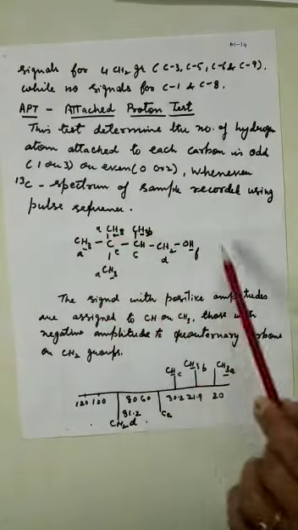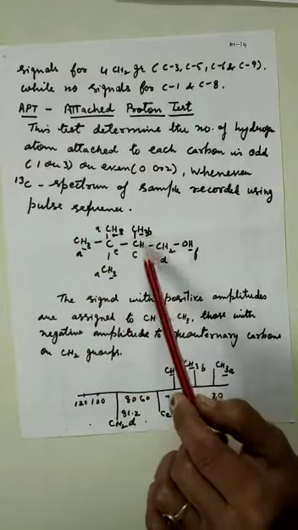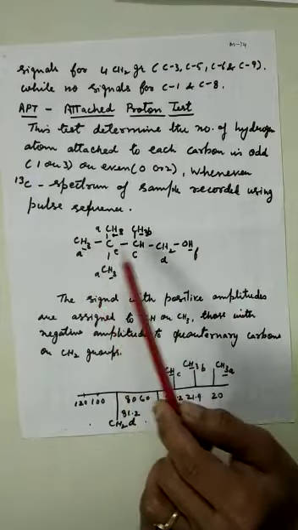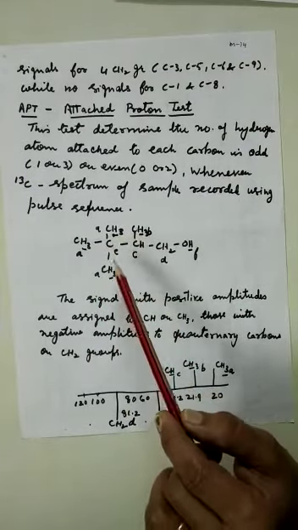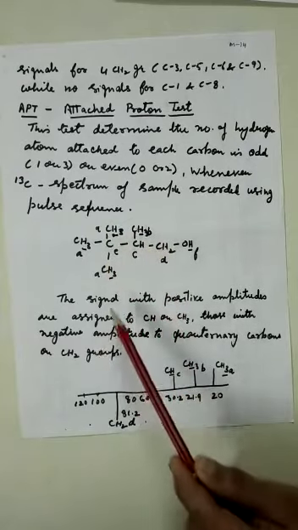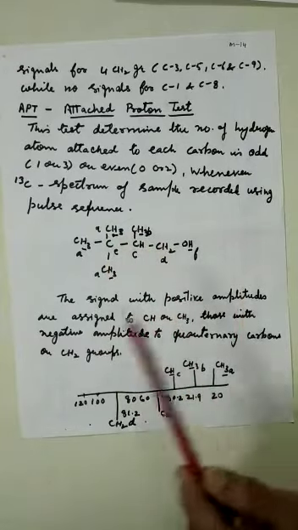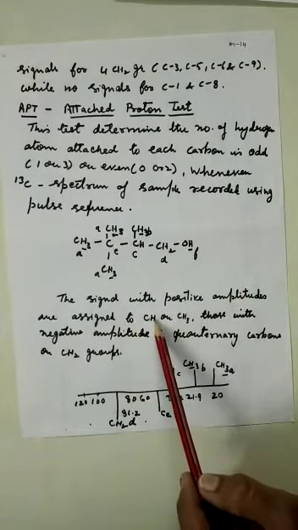We are taking this example. In this, it is 1, 2, 3, 4, that is the butanol, 3, 4, 5 trimethyl butanol. The signal will have positive amplitude for CH and CH3, that is the odd number.